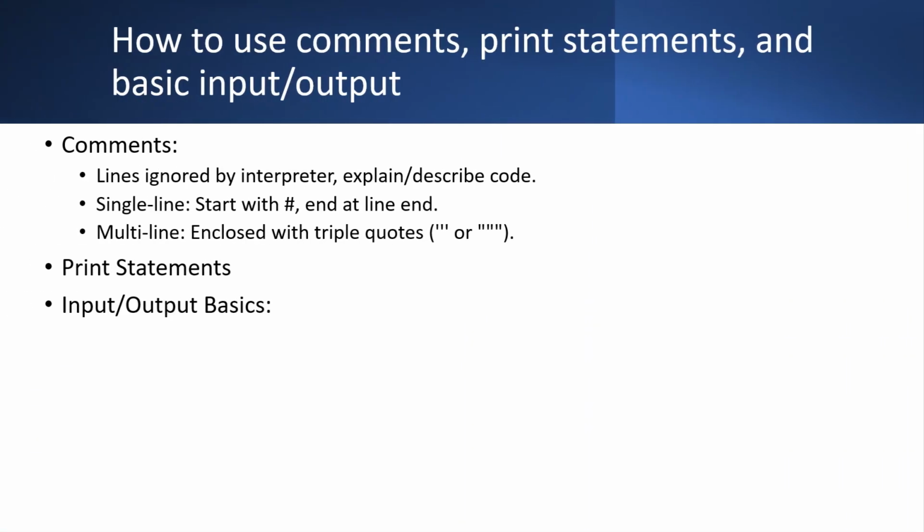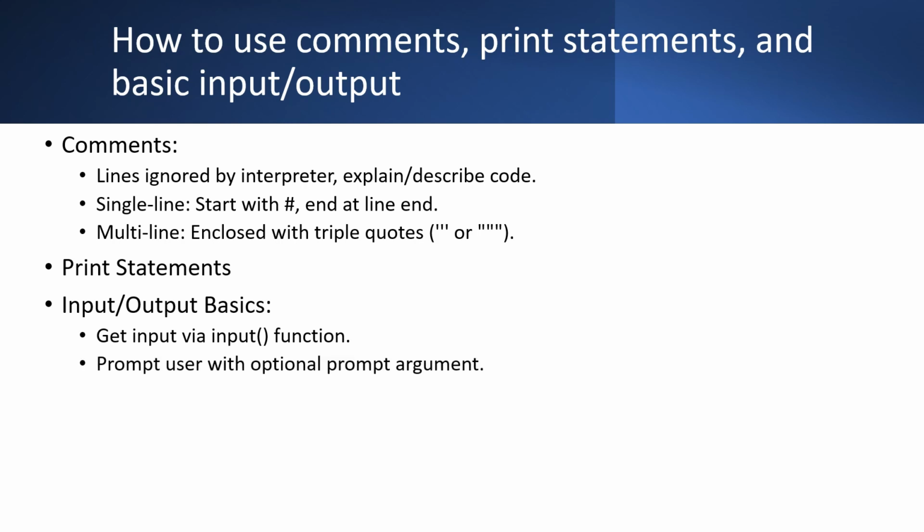Basic input-output refers to how we can get input from the user and store it in a variable, and how we can output the variable on the screen. To get input from the user, we can use the input function, which is a built-in function that takes an optional argument as a prompt and returns a string value entered by the user.